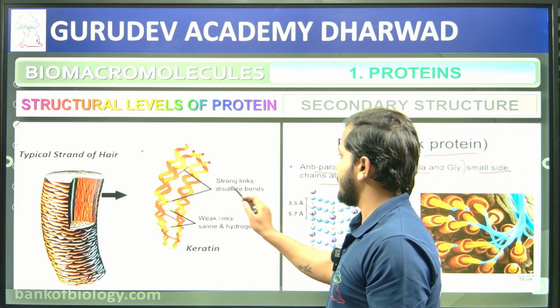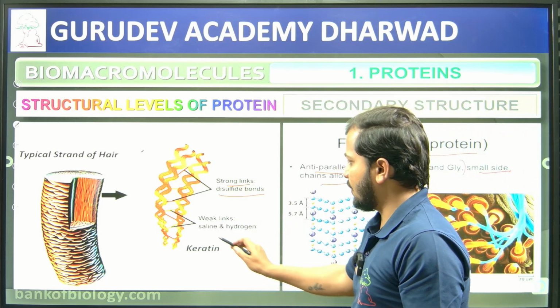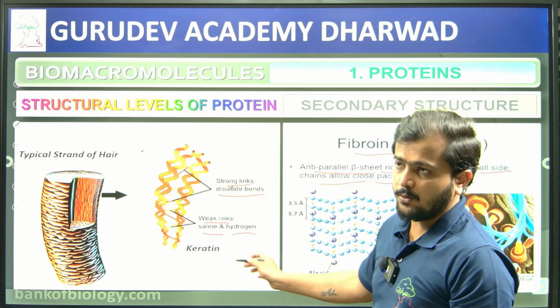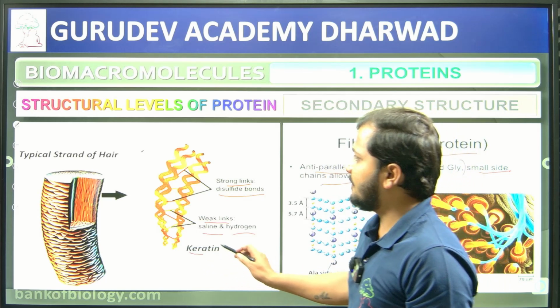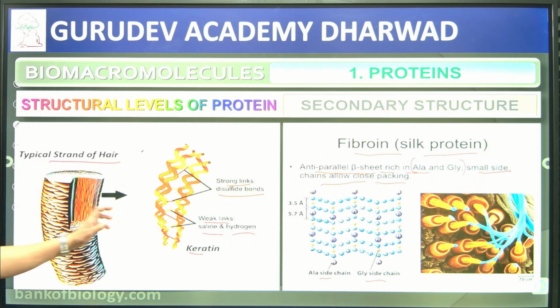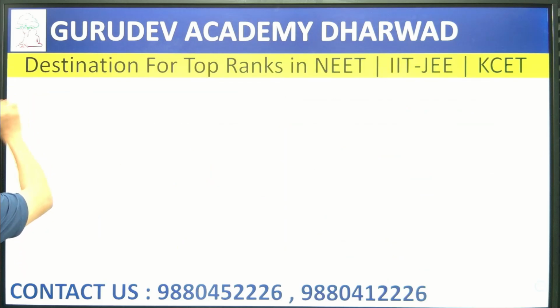Here you can consider strong links of disulfide bonds and weak links of saline and hydrogen bonds. Keratin, the protein typically found in hair, is an example.